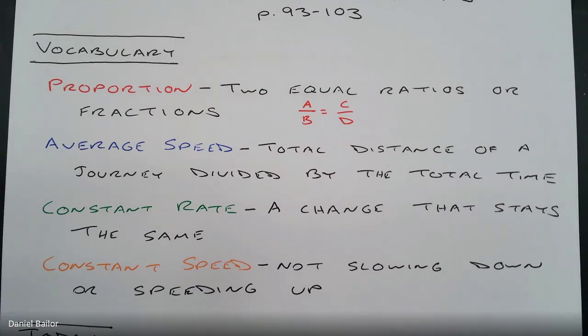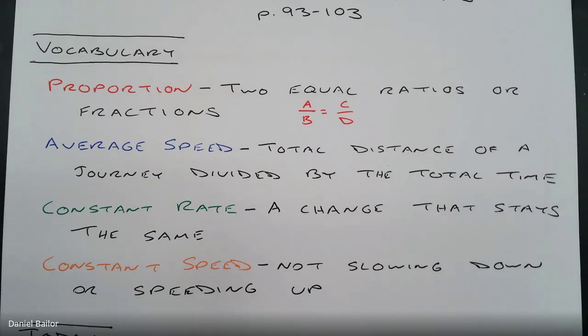If you think of it like driving in a car, when you're pulling out of the driveway, you're going pretty slow. When you're going down in your neighborhood, you're going a little bit faster. When you get out on the main streets, you're going a little bit faster. You hit a stoplight, you stop. You get on the highway, you're going super fast. So your speed is always changing when you travel.